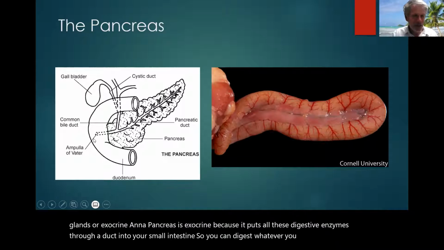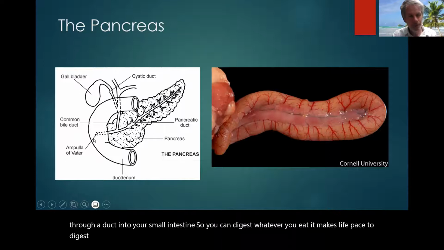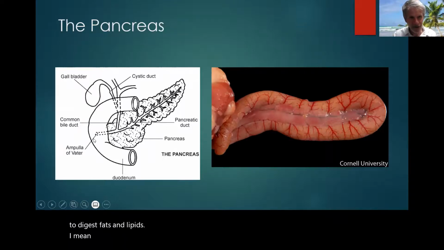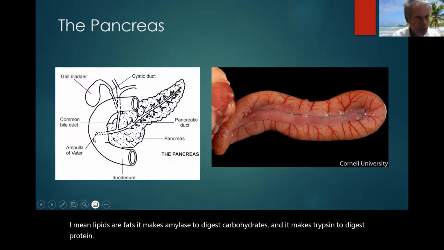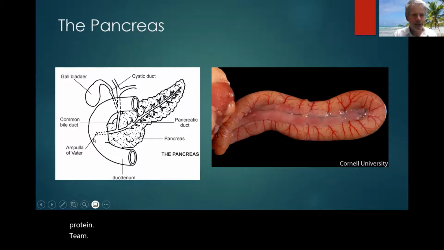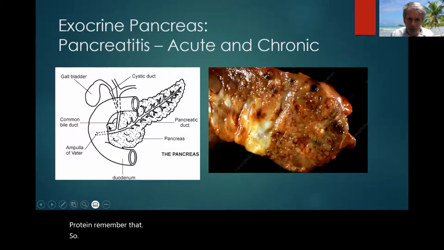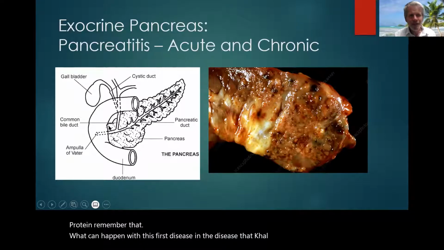It makes lipase to digest fats, lipids. It makes amylase to digest carbohydrates, and it makes trypsin to digest protein. Remember that.